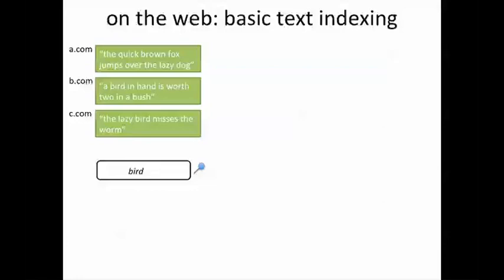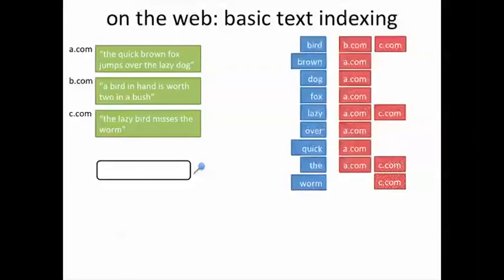To make this possible, what a search engine does is create what is called an inverted index. So against every possible word which might occur in any possible document on the web, a text index stores which documents that particular word is found in. For example, the word bird is found in the documents B.com and C.com, whereas the word fox is found only in A.com. So when we type in the query fox, we get one result, which is A.com.